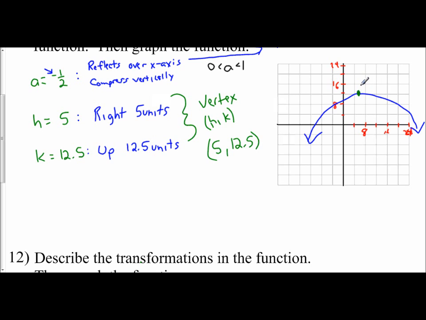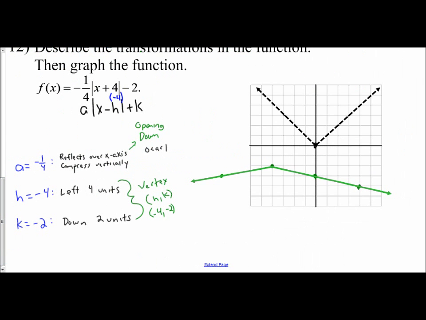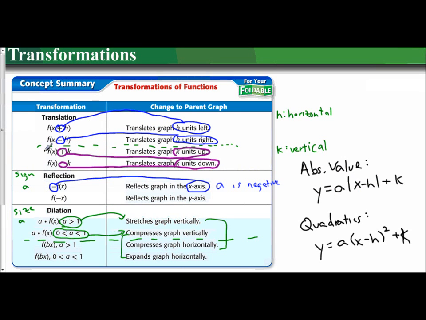That is my vertex. So that's what's nice about your h and k values. They give you the coordinate of your vertex. It allows you to know where to start your graph. Identify your a, your h, your k, and then put to memory application the idea of translations, reflections, and dilations.